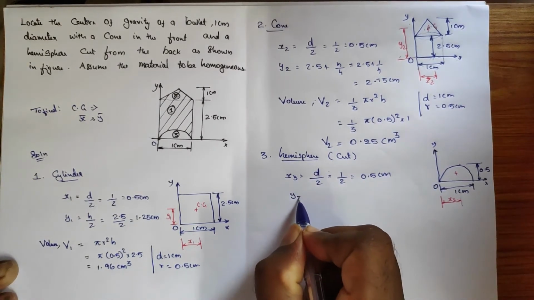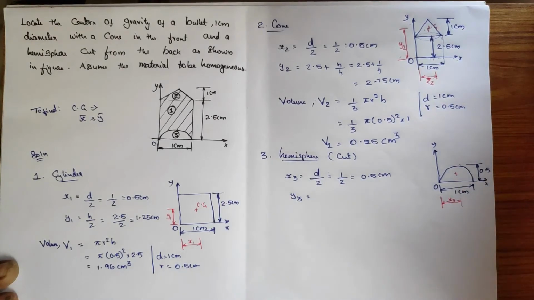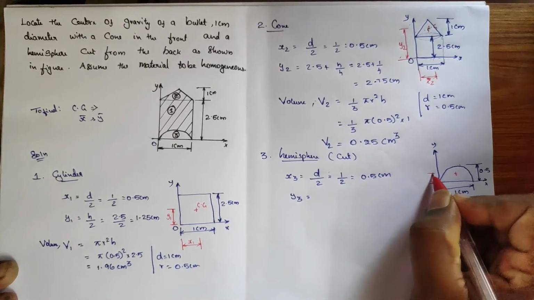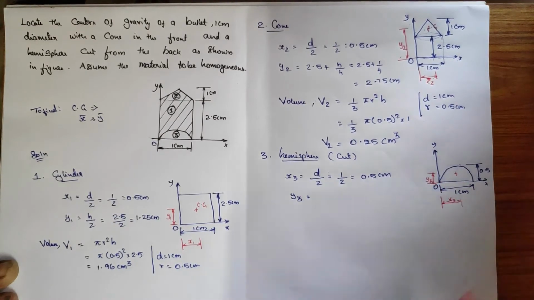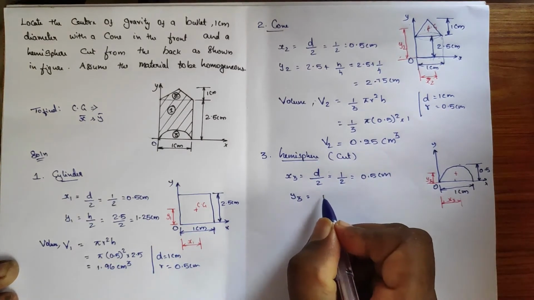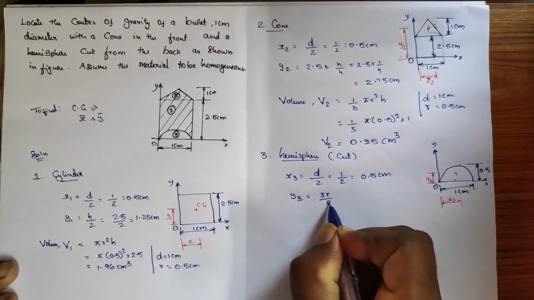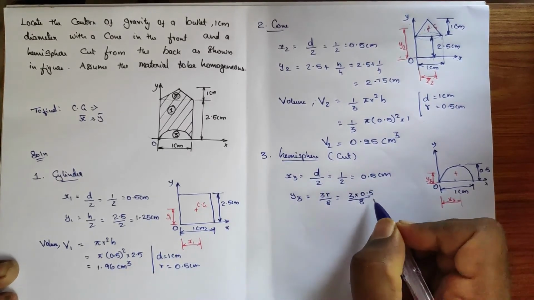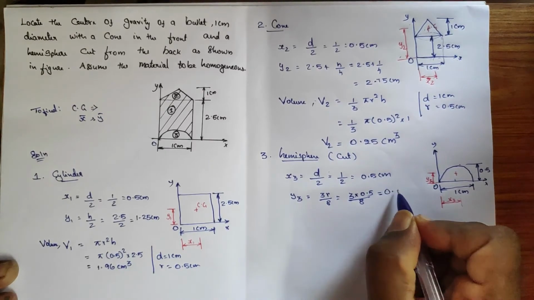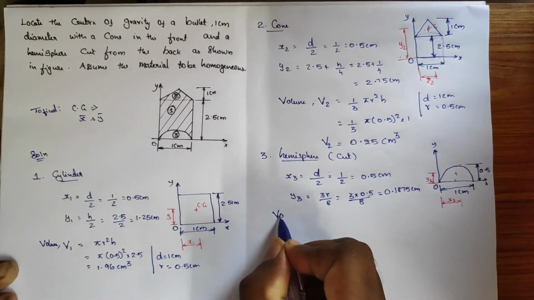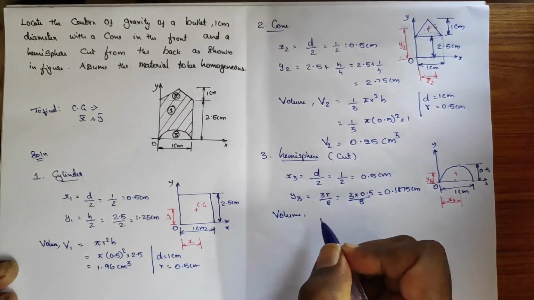And y bar, that means y3. Here for the hemisphere, the entire length is the radius, so put 3r divided by 8. So 3 into 0.5 divided by 8, we get 0.1875 centimeter.